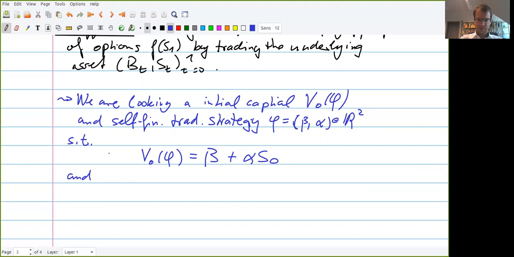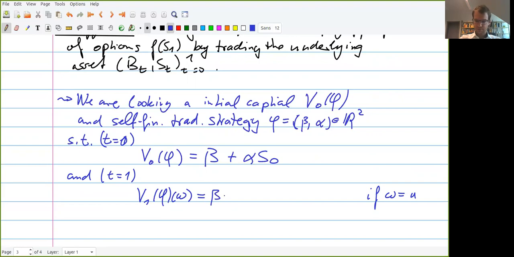This is at time 0. And at time 1, what do we want to have? We want to replicate, so to reproduce the payoff of the option. If omega is equal to u, what is the value we have if u appears on the market?